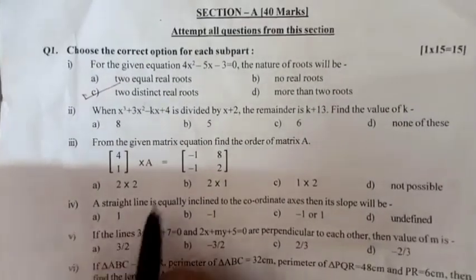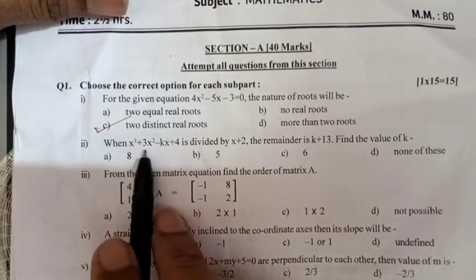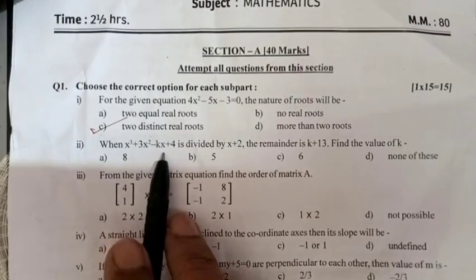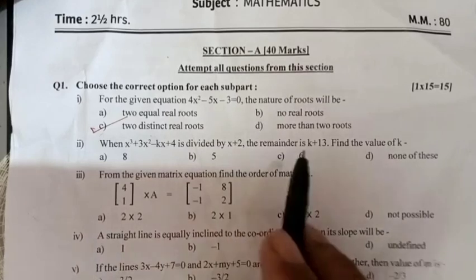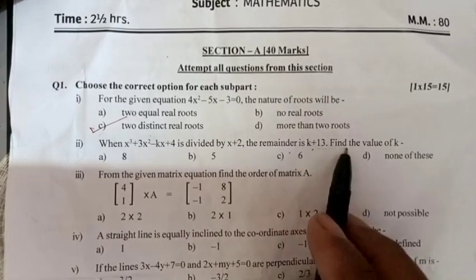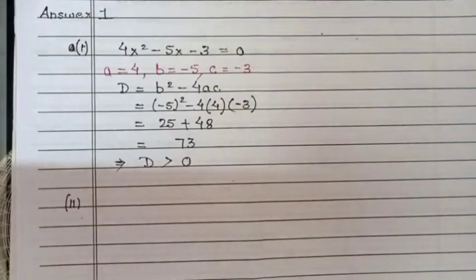Now in the second part, they have given you a polynomial x cube plus 3x square minus kx plus 4, and it is divided by x plus 2. The remainder is k plus 13. They have asked you to find the value of k. Now let's see how you will do this one.